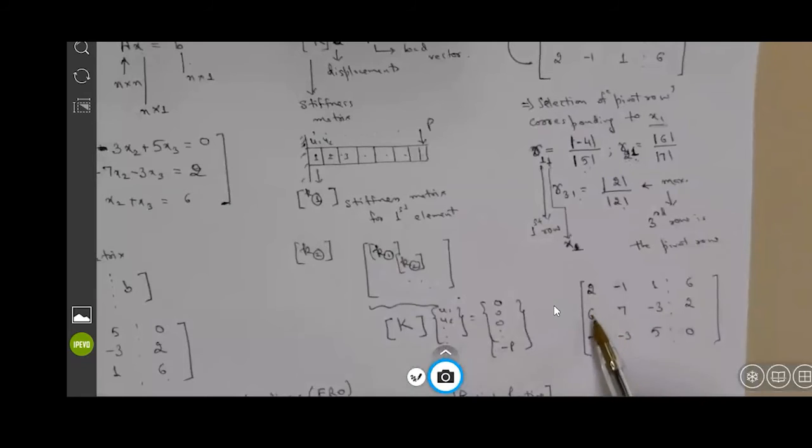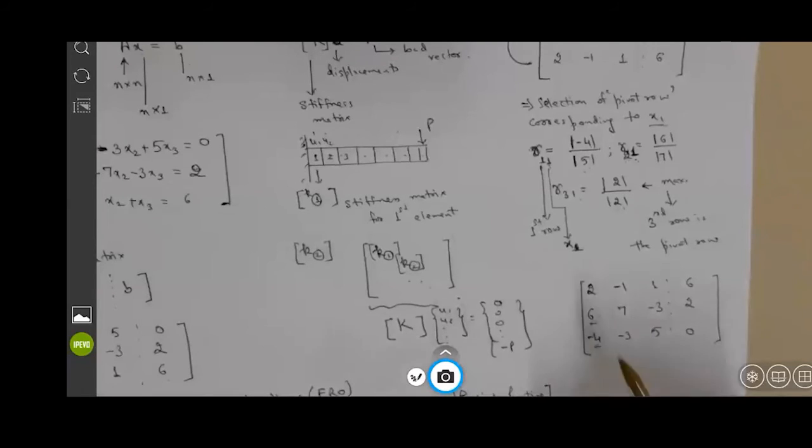And then you try to eliminate, from all the other rows, the first entry corresponding to X1. So how can you eliminate 6 from this row? Let me ask somebody. Victor, are you there?